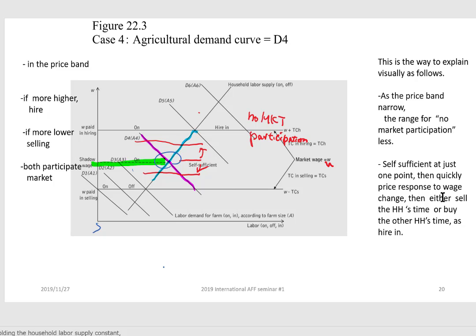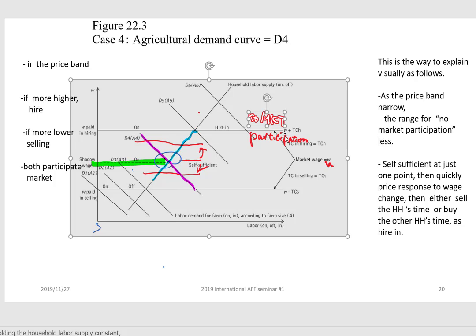So this is the way to explain this type of household decision making. The important point is that this price band is defined with the transaction cost.